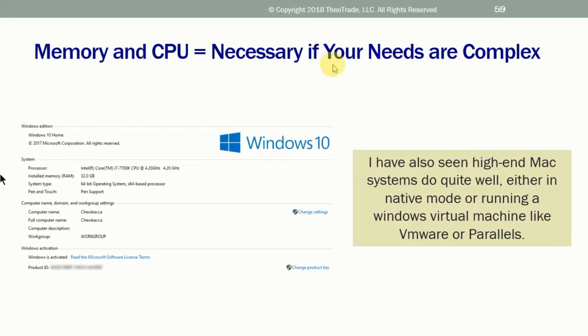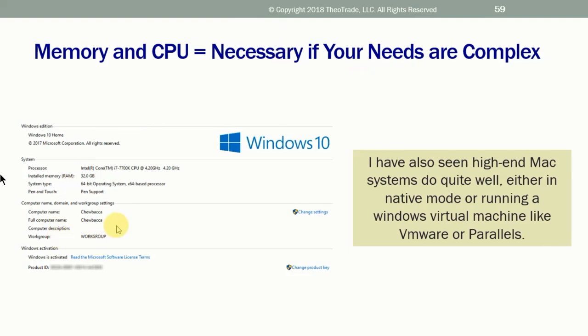Now, memory and CPU, if your needs are complex. Remember I was talking earlier about how in the old days, when I was trying to run lots of different screens, even 2 screens, the video cards could barely keep up with the data being displayed. And again, that's where the technical system matters.